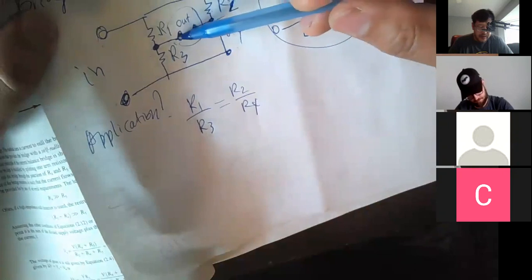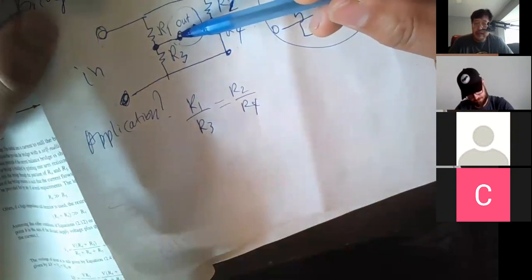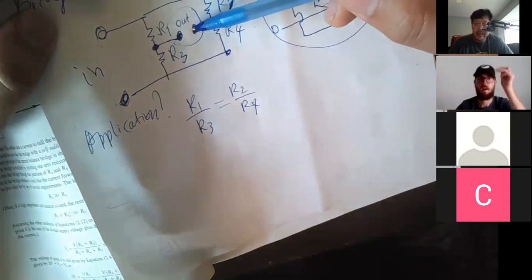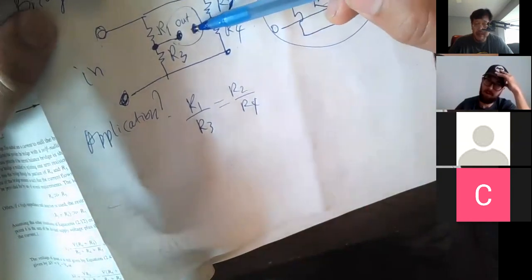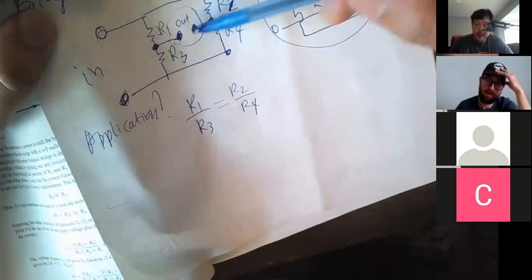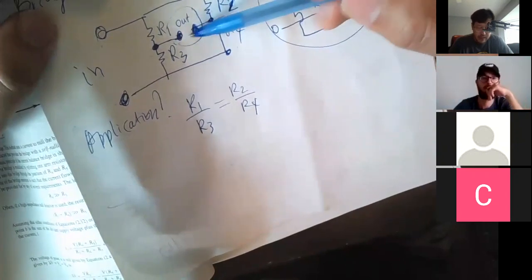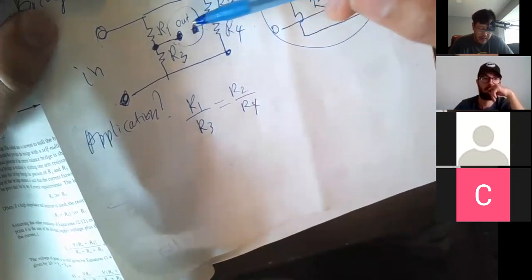That means the voltage here on the first divider is the same as the voltage over there on the second divider. So these two voltages are the same. What happens if you have two identical voltages?